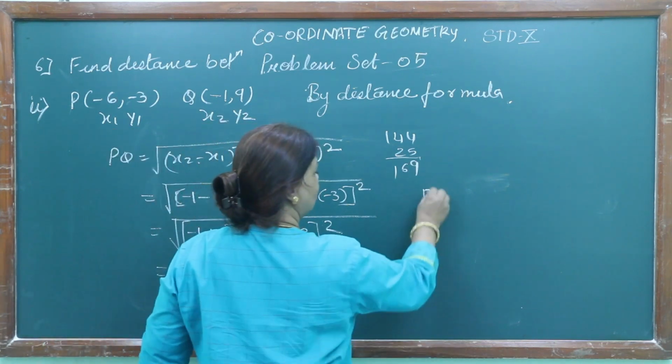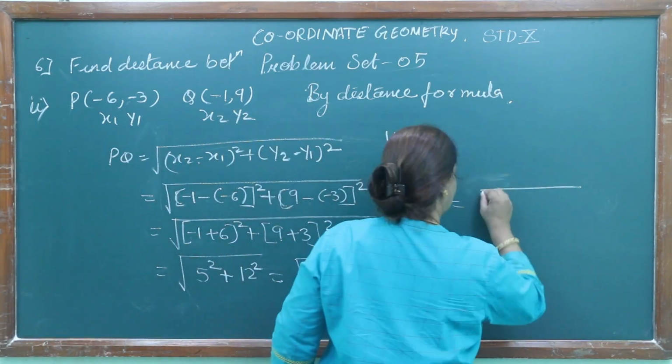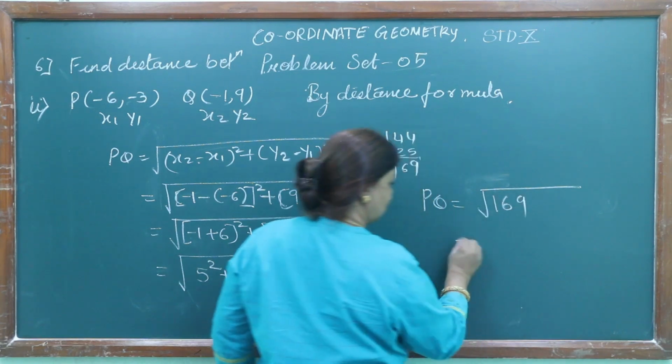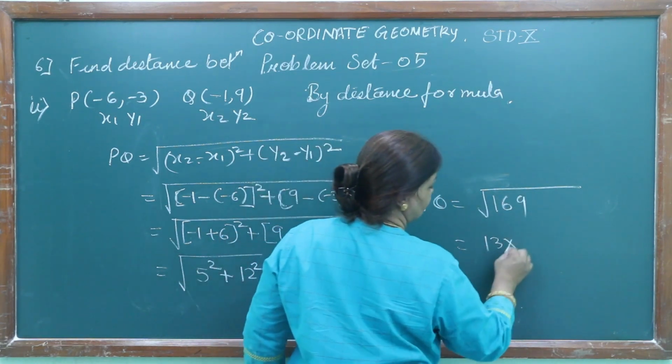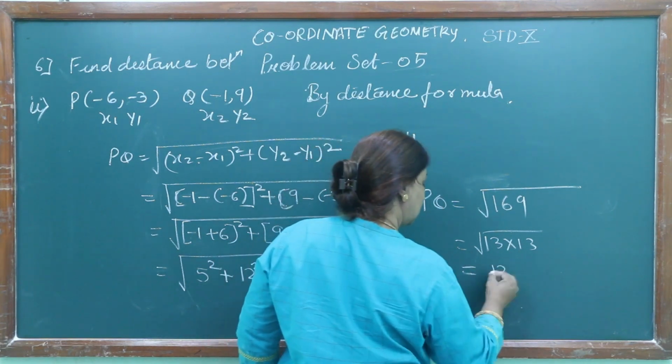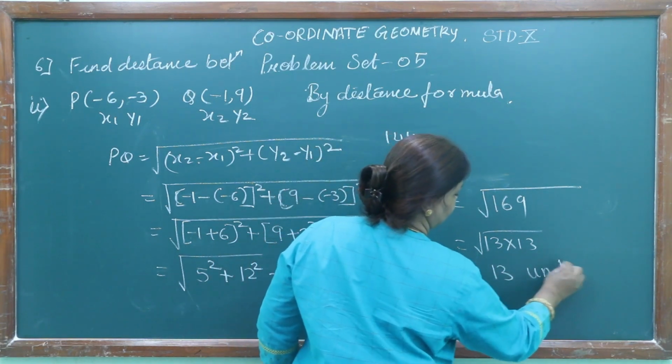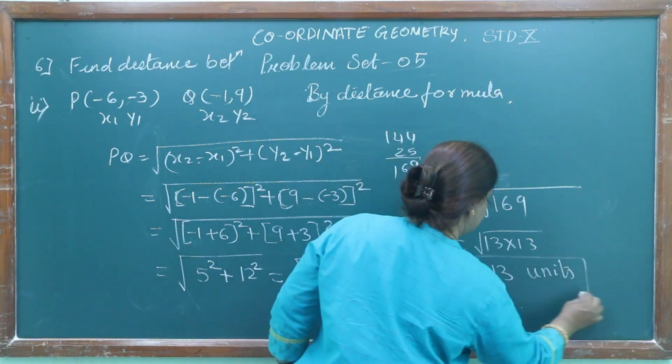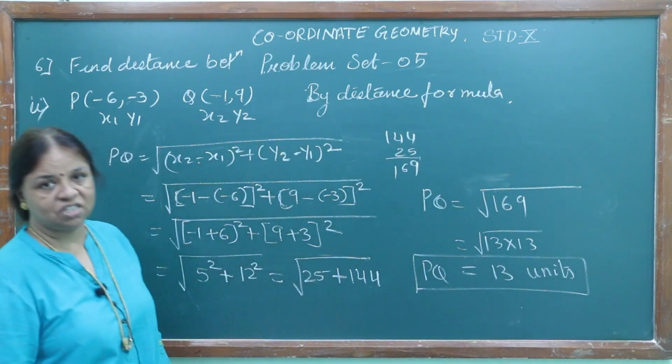So, PQ will be equal to under the root 169, which is equal to 13 into 13 under the root. So, PQ is equal to 13 units. If units are not given, you should mention it. In the earlier sum I have not mentioned it, try to mention it.